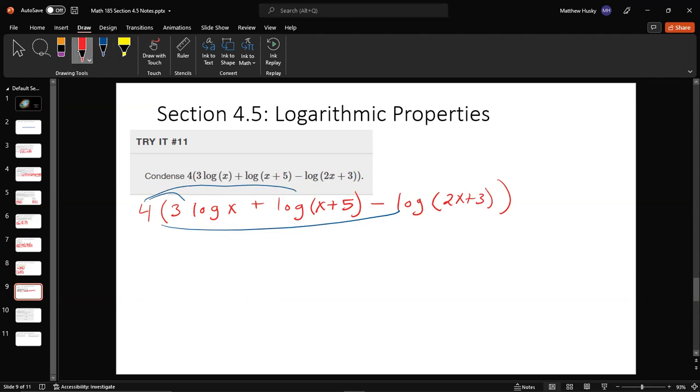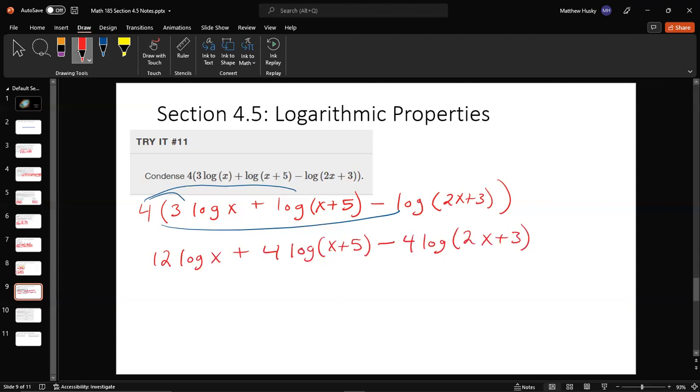So if we do that, 4 times 3 is going to give you 12. So this is 12 log x plus 4 log of x plus 5. And then minus, and then there'll be a 4 log of 2x plus 3.